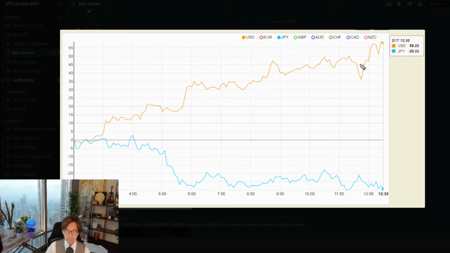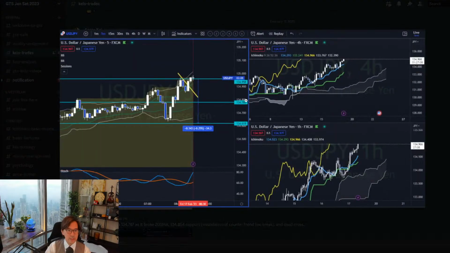USD was all the way up, and JPY was all the way down, and the strength was really nice. USD was 58, and JPY was minus 29. So this is also part of the reasons why I picked the USDJPY to trade. So this was my entry timing here.